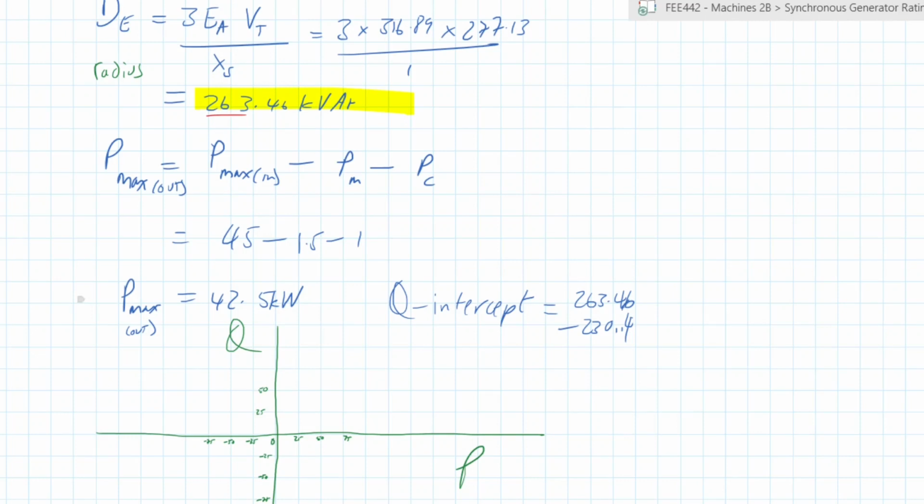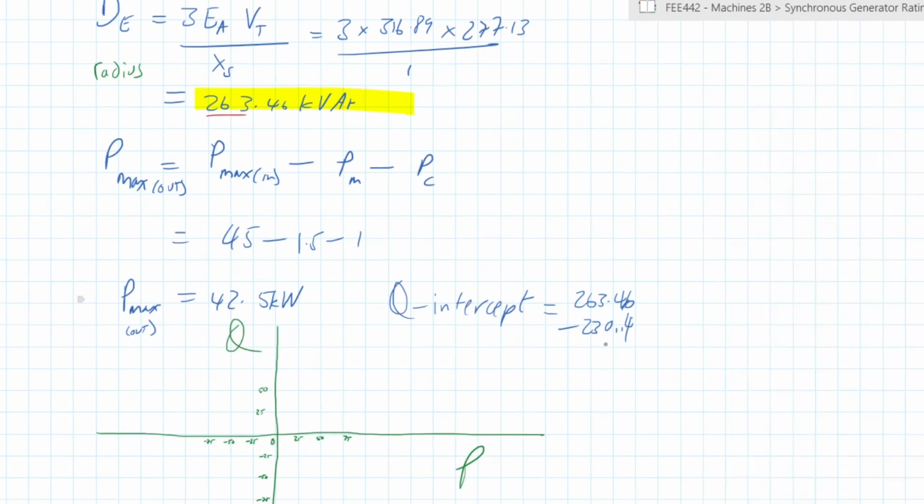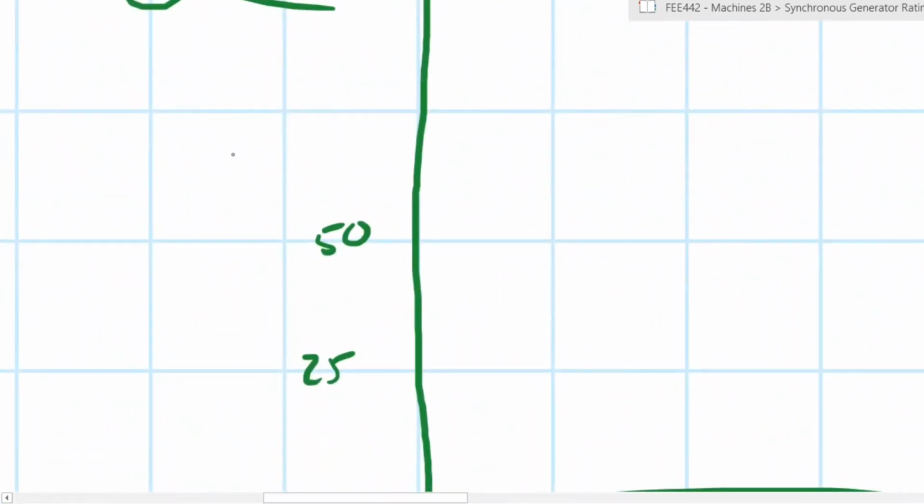Okay, let's bring back our calculator, and our value will be given as 33, right? So it's equal to 33. So we will look for a point here which is at 33, which should be roughly in between. So let's call it there.